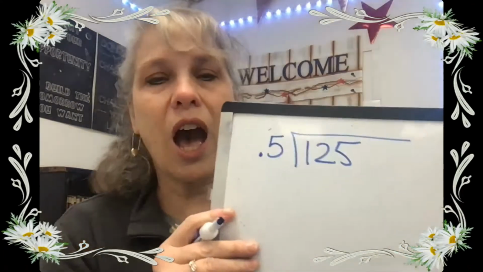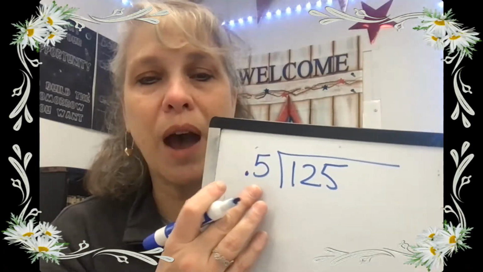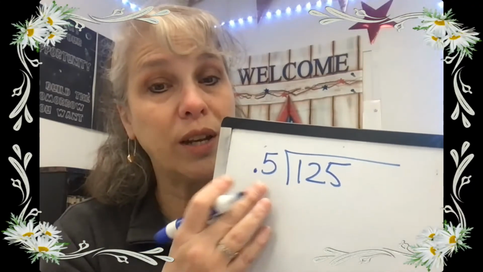There are a few different special things about division, and I will make another video about that. But first of all, I want to tell you, if I had 0.5 into 125, I have to multiply by a power of 10 until I have a whole number.